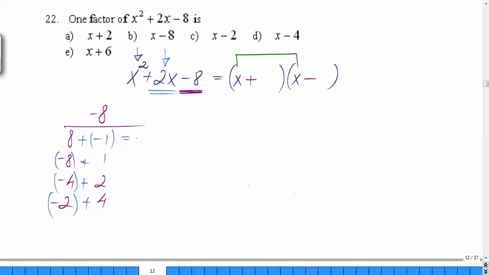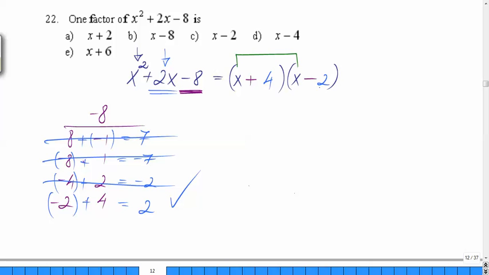So I need to find which one of these two factors added will give me 2. Well, 8 plus negative 1 will be 7, not good. Negative 8 plus 1 will be negative 7, not good. Negative 4 plus 2 will be negative 2, also not good. And the last one, negative 2 plus 4, gives me a 2. This is the one I need. It seems to me that I will have x plus 4 and x minus 2 as the factors of the given trinomial.